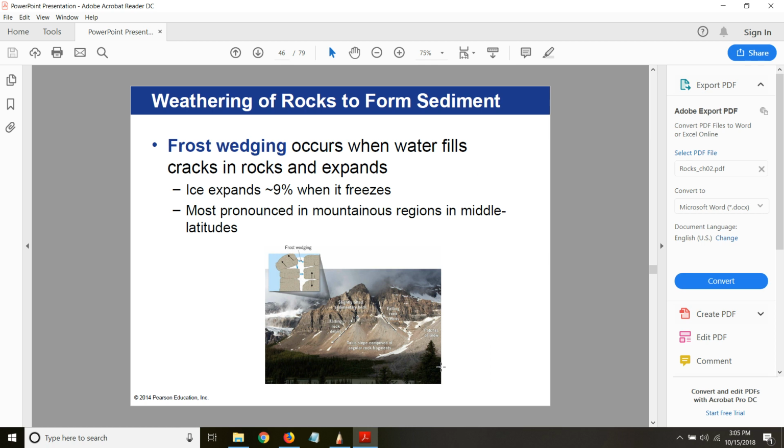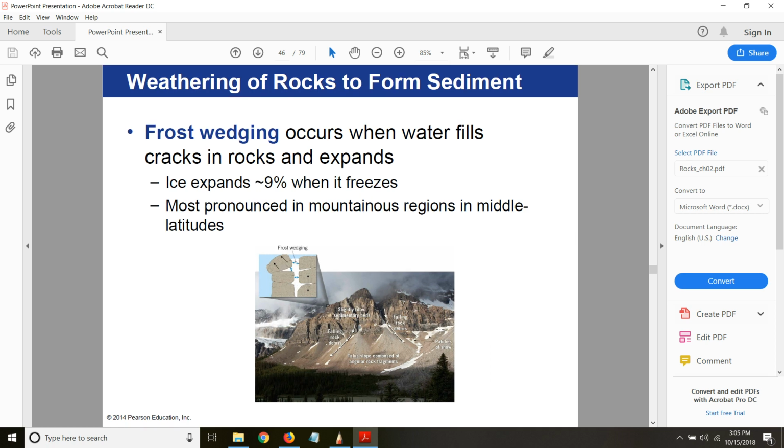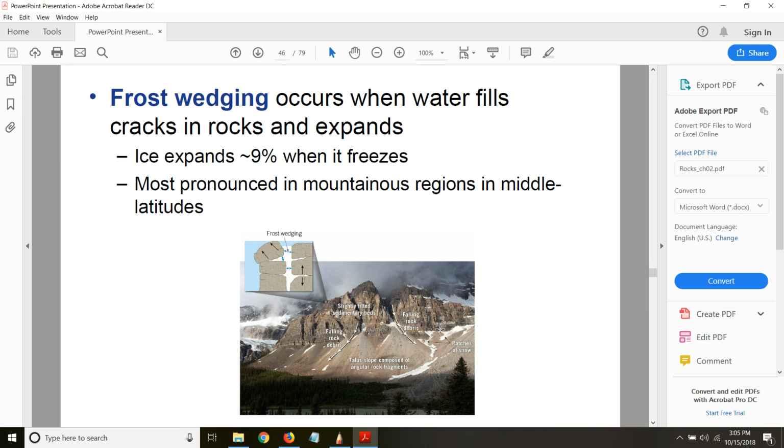Here is the first type of mechanical weathering, called frost wedging. This is based on the idea that when water freezes, it expands in volume. Around 9% expansion is observed when water reaches freezing point. You must have observed this at home as well.